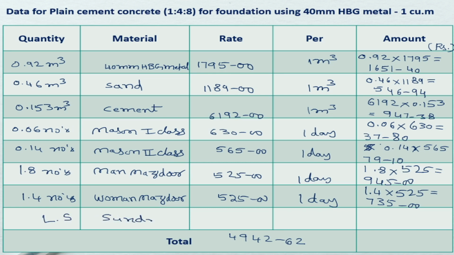Sundries is 7 rupees 38 paisa. So that we can get a total of 4,950 rupees. Plain cement concrete of 1:4:8 proportion for foundation using 40 mm HBG metal, cost is 4,950 rupees per cubic meter.